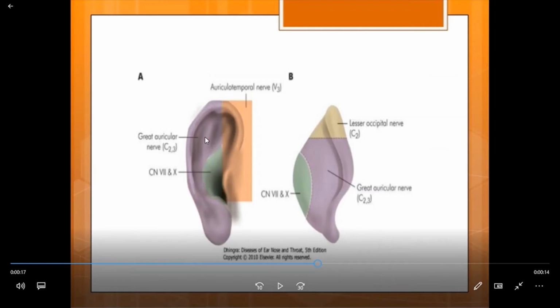On the lateral surface, the lower 1/3 is supplied by the greater auricular nerve and the upper 2/3 is supplied by the auriculotemporal nerve, which comes from V3 of the trigeminal nerve, the mandibular division. On the medial surface, the lower part is supplied by the greater auricular nerve and the upper part is supplied by the lesser occipital nerve.